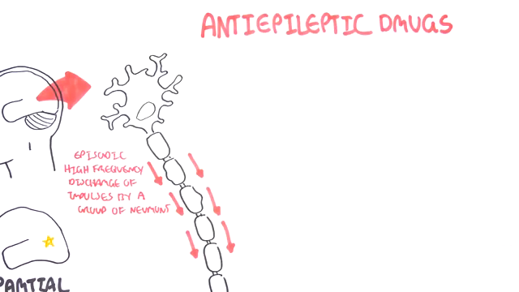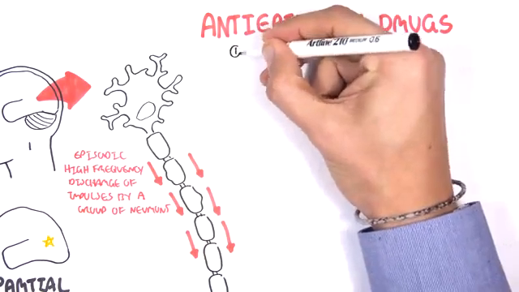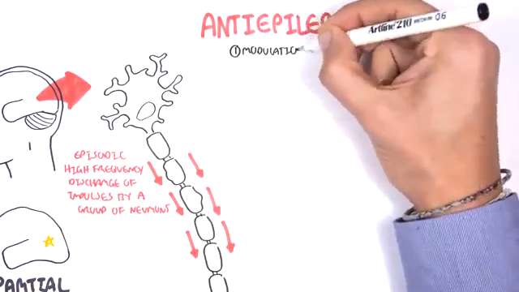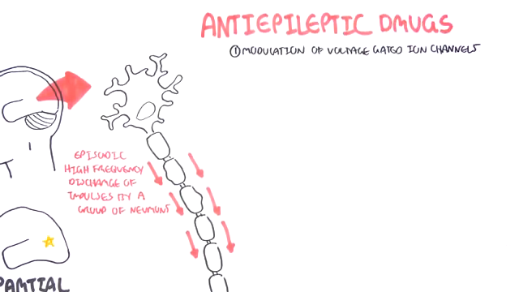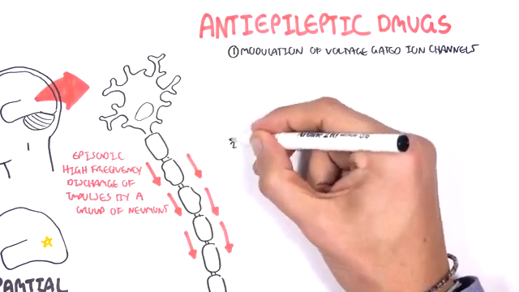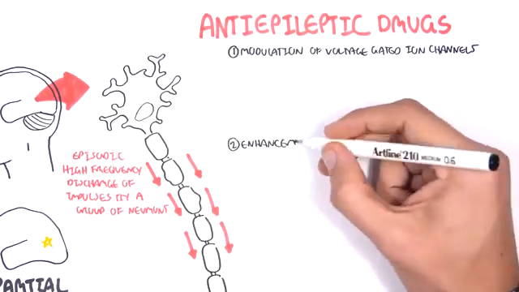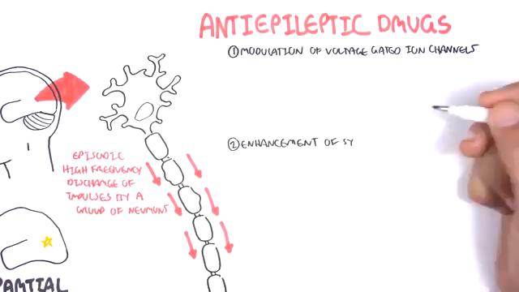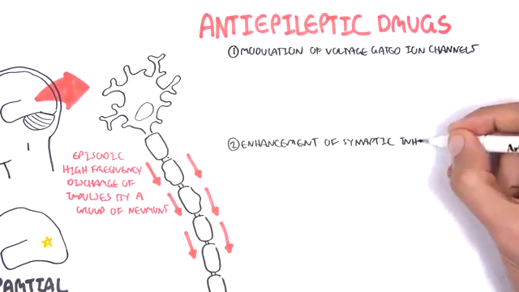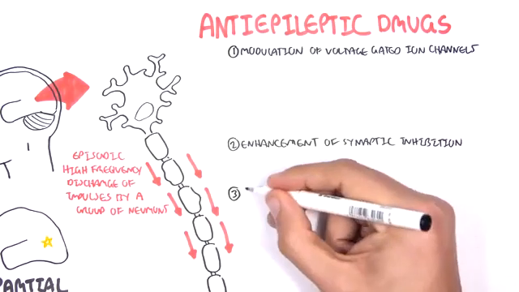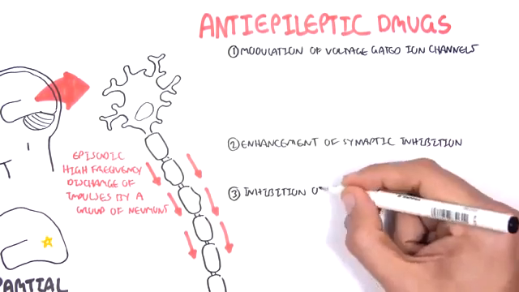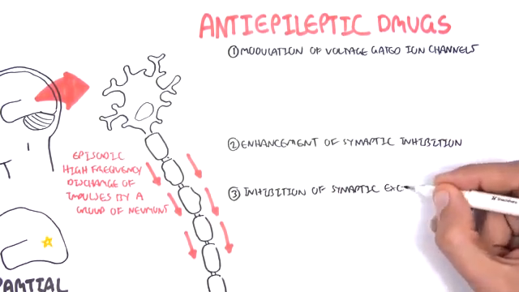Therefore, drugs to treat epilepsy can be divided into three types. One, drugs that modulate voltage-gated ion channels responsible for the propagation of the impulse. Two, drugs that enhance synaptic inhibition, so stopping the impulses. Or three, drugs that inhibit synaptic excitement.